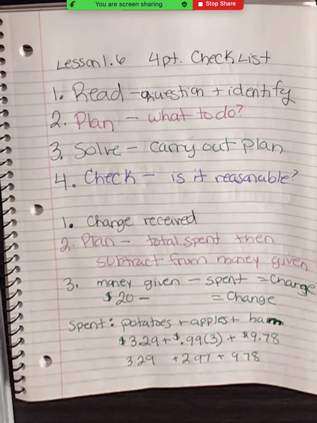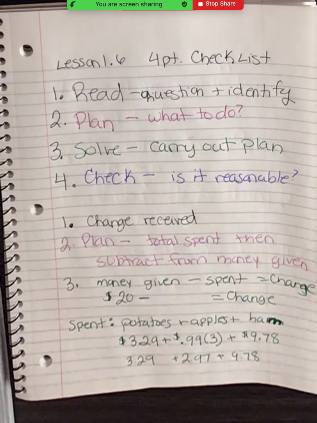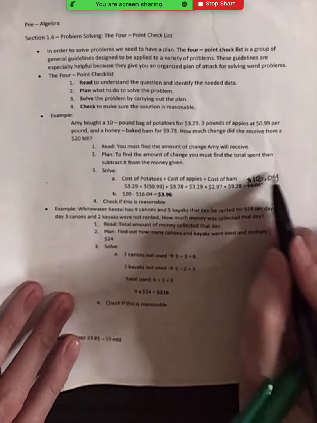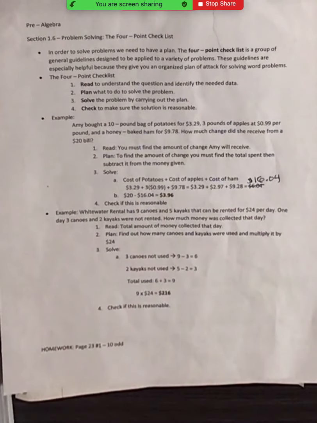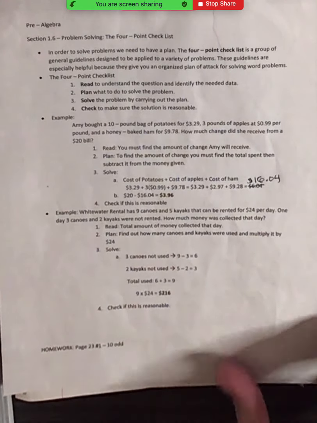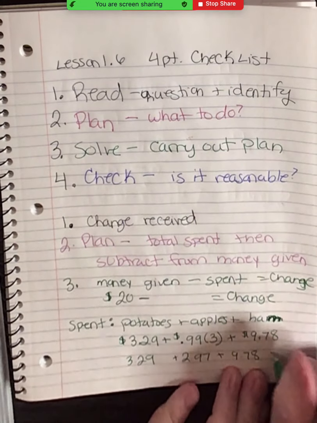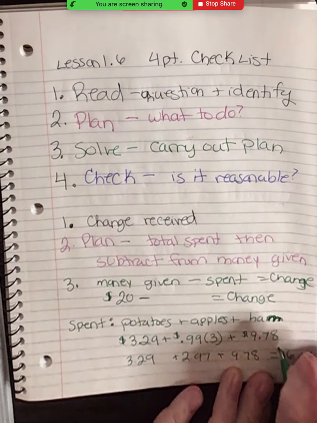So $3.29 plus $2.97 plus $9.78 should actually be $16.04. In your notes it says $6.04. I typed it wrong. Okay, so here make sure it says $16.04, not $6.04. So that means we spent $16.04.